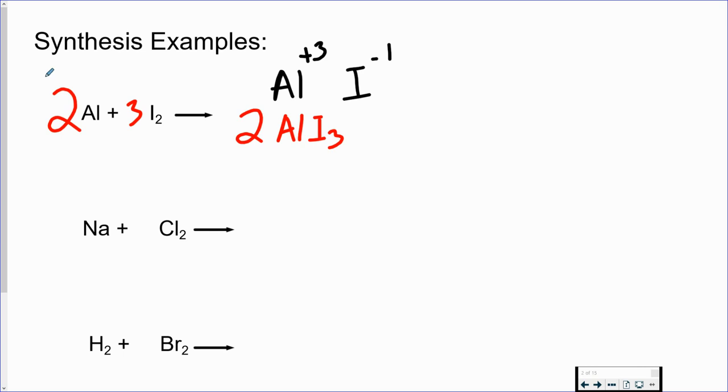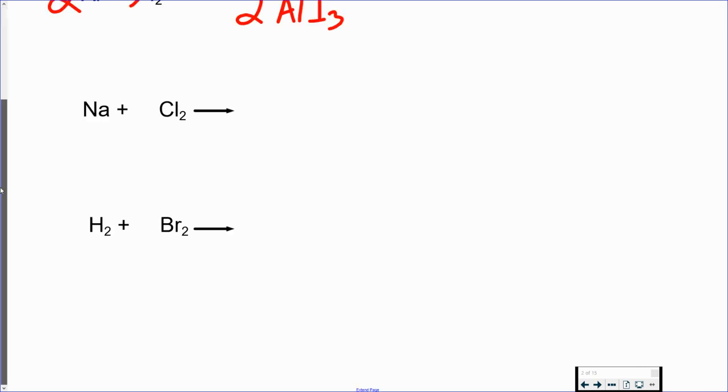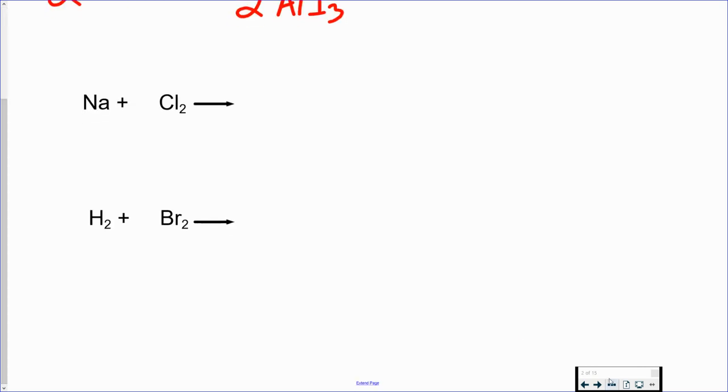I'm going to have you guys try the next one, and then we'll go over it. 3, 2, and 1. All right, so on this next one, Na has a +1 charge. Cl has a -1 charge, giving us NaCl. If you balance that now, you have 2 Cl's on the left, you need to have 2 on the right, and that makes 2 Nas.